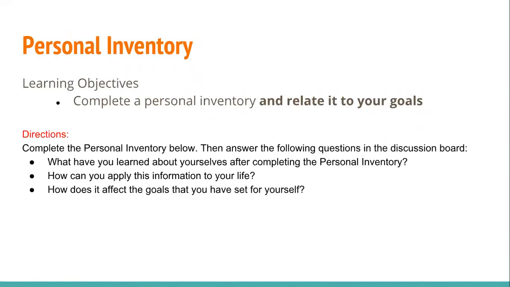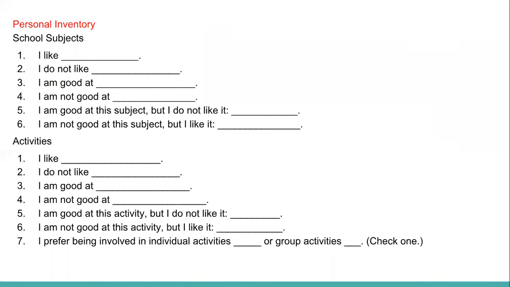And so once you've gone through and you've answered all these questions about you, you're going to answer these three questions. And where we see a lot of common mistakes is with question one, what have you learned about yourself? And we see students putting nothing. I learned nothing about myself. And we all can learn something about ourselves. So yeah, we might already know all of these things about ourselves because we're talking about ourselves.